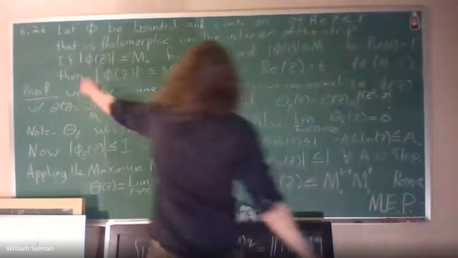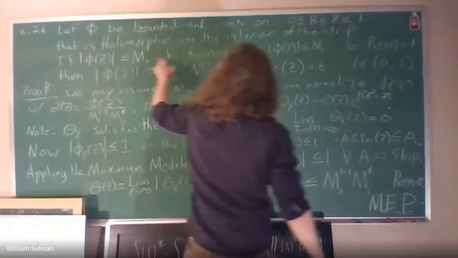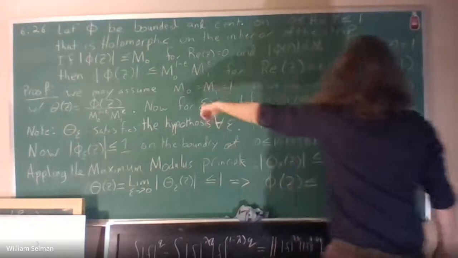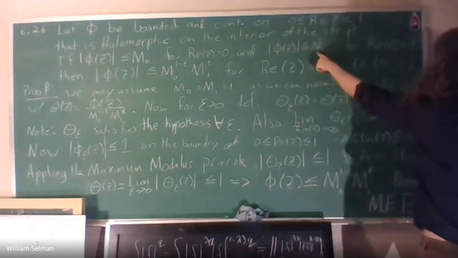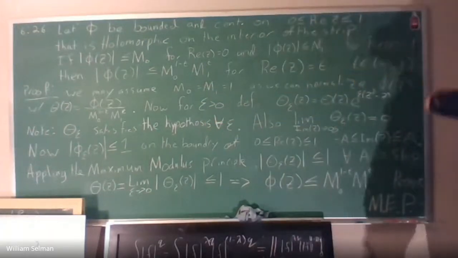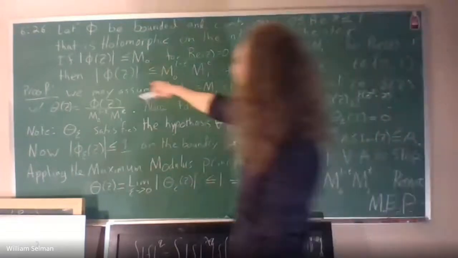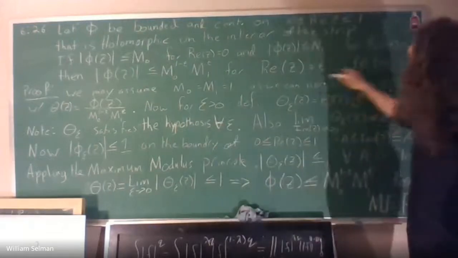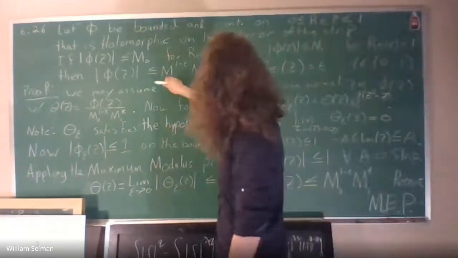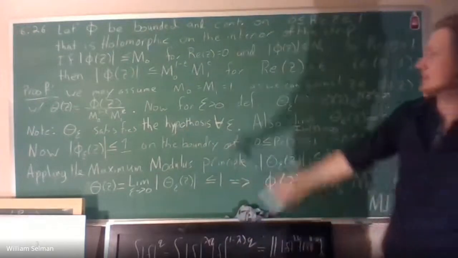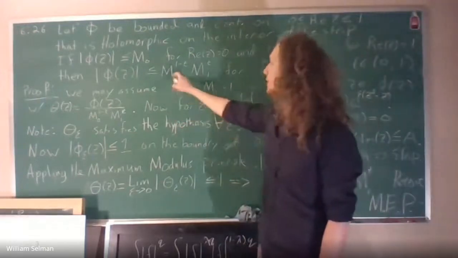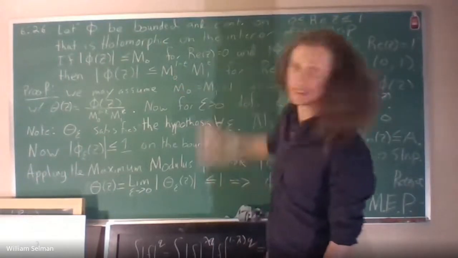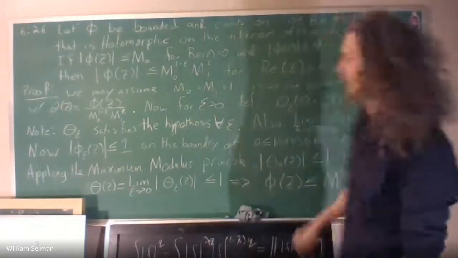Then, if we have a bound on the function for when z has real part 0, and a possibly different bound for when z has real part 1, then we get that in general it will have a bound for any real part t within the interval, where the bound is given by the transition from m0 to m1 in the standard logarithmic way, where you have 1 minus t and t. So it's a transition from that bound to that bound.